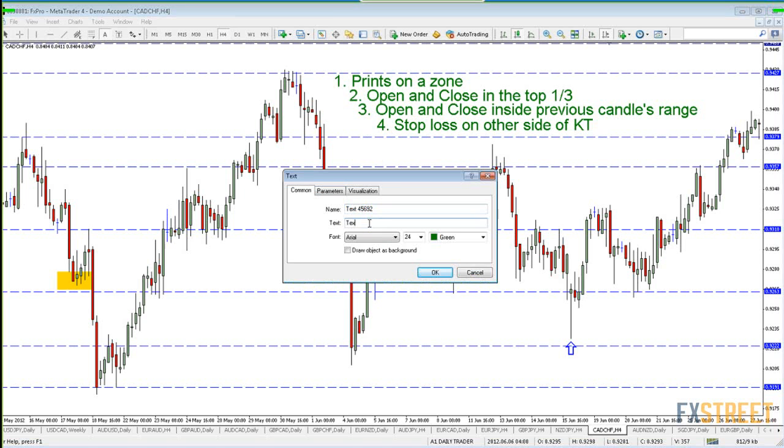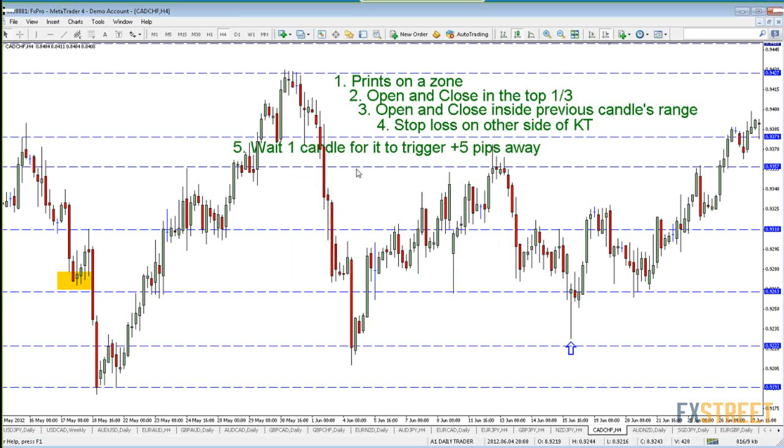So number 5 is you wait one candle for it to trigger, 5 pips away. And of course, you can use any sort of trailing exit. You can attach that to this, or you can go for zones. But that is, in essence, your kangaroo tail.